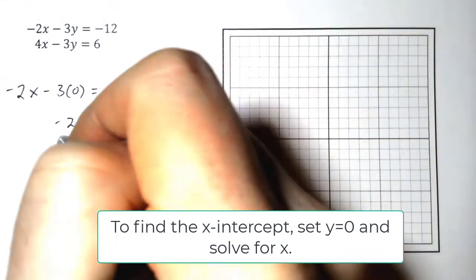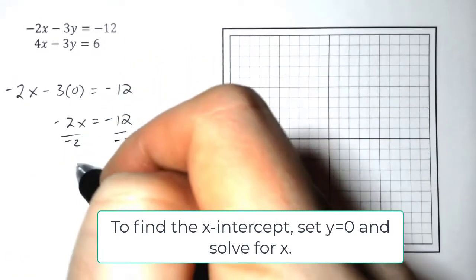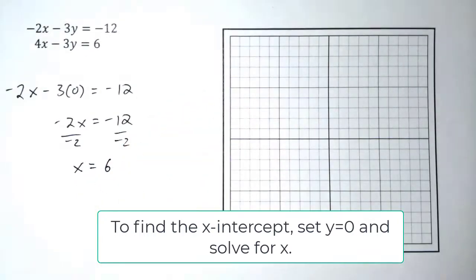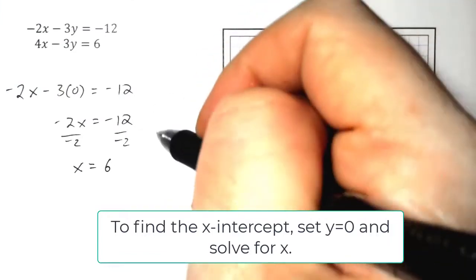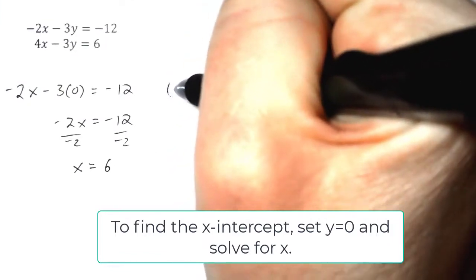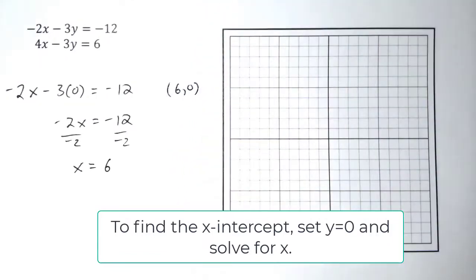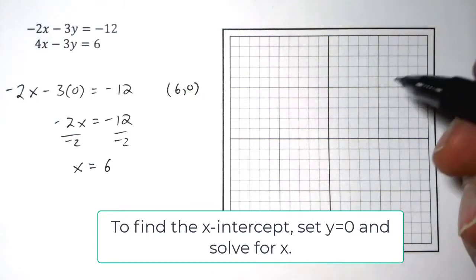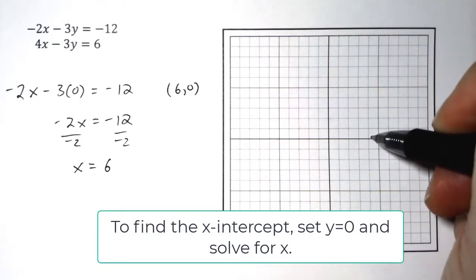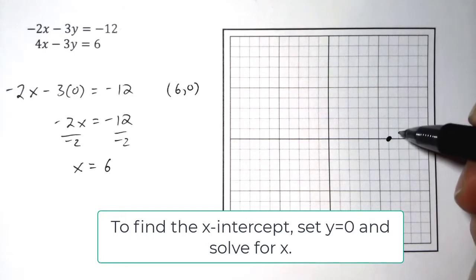Divide both sides by -2. And we see x is 6. So when y is 0, x is 6. So therefore, the point (6, 0) is on the graph. So that's this point. Let's see, 1, 2, 3, 4, 5, 6. It's this point right here.